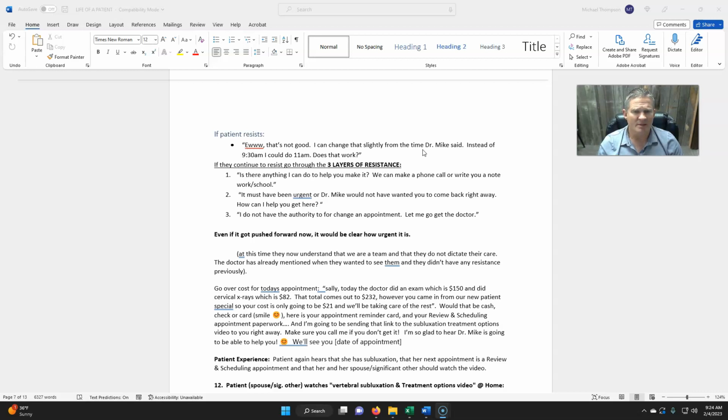I've talked to them about it, they didn't mention it, and that's what they agreed to, and then all of a sudden, we had the exact same conversation with the patient health event coordinator, and they didn't say anything, and now they're saying that they can't come in at all. So there's some sort of disconnect there, and what we want to do is try to work through that and say, well, the doctor thought it might have been urgent. Is there something that we can help you with? Is it something you need to do, or do we need to write you a note or something?